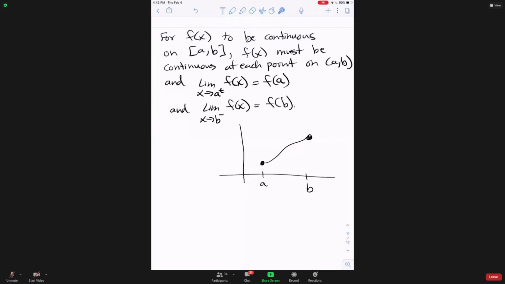But we can't have the same requirement for the endpoint, because the limit doesn't exist as x approaches A from the left side, since there's nothing going on there. So it gets a looser requirement for the endpoint.